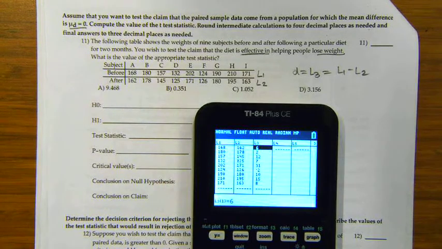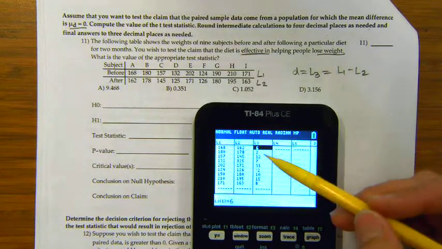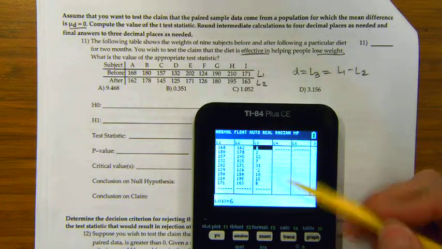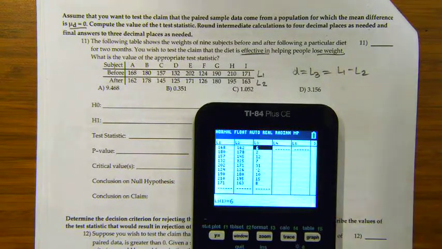You don't want to say, I want to lose weight, therefore mu difference is less than 0. You want to look at some of the numbers and say, I want a positive number here. This person is the only one who actually gained weight, and no one stayed the same. Most of the people lost weight and had a positive difference because we do L1 minus L2.